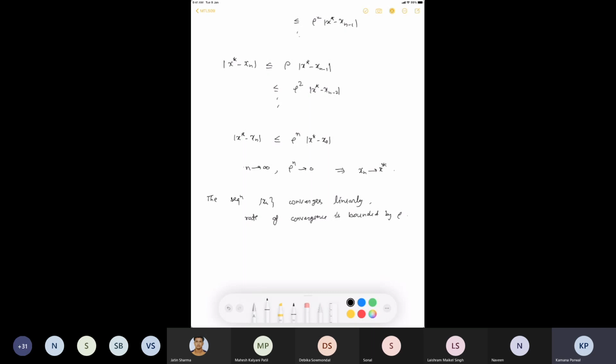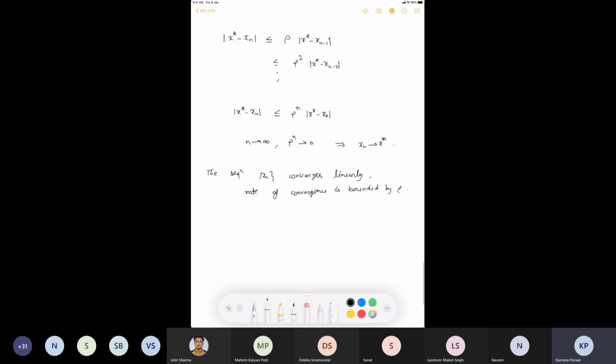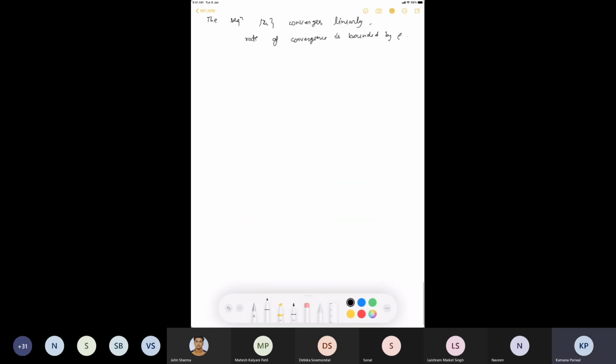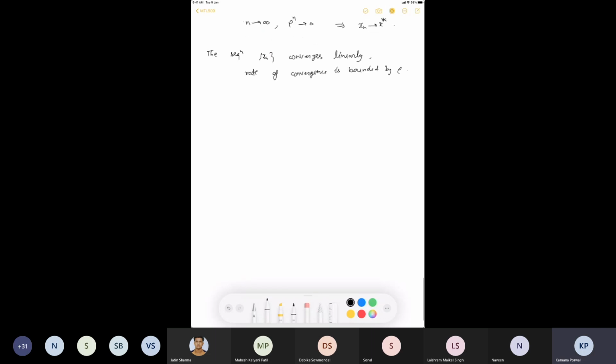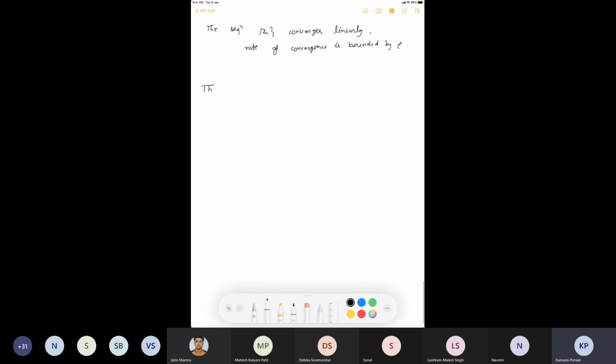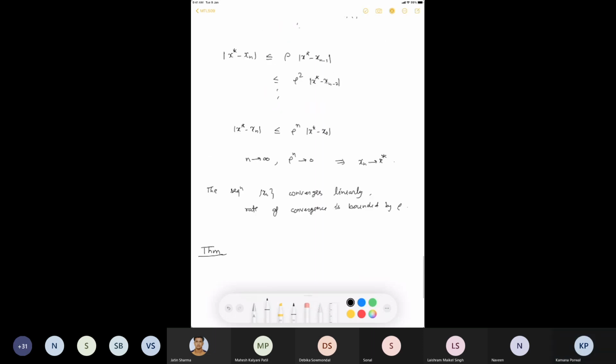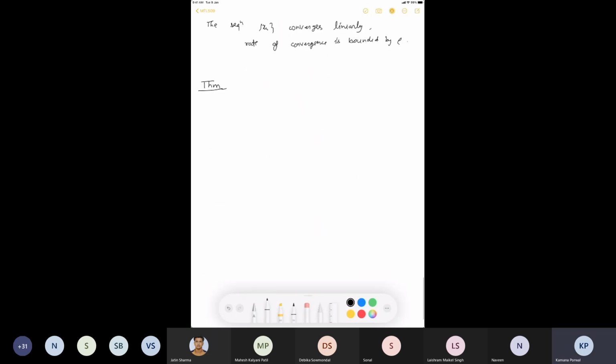Okay. So we'll try to see what is the explicit rate of convergence. But using whatever we have seen now, I can state the next result. I'm just going to summarize this convergence part, so I'm going to state this as a theorem. Let me call it Theorem 1.